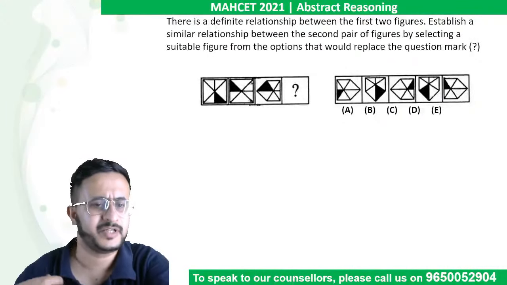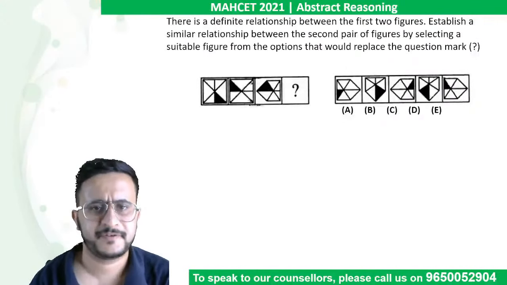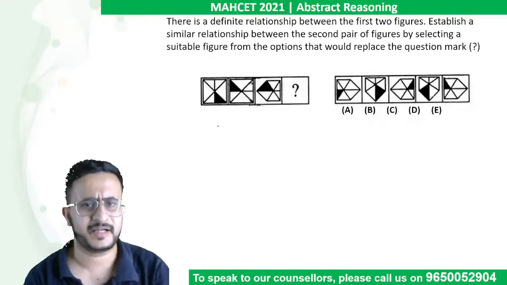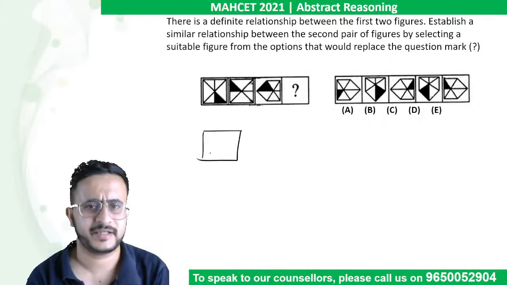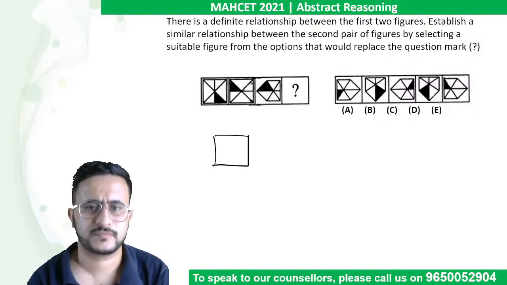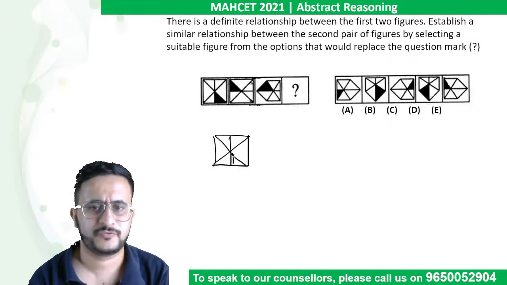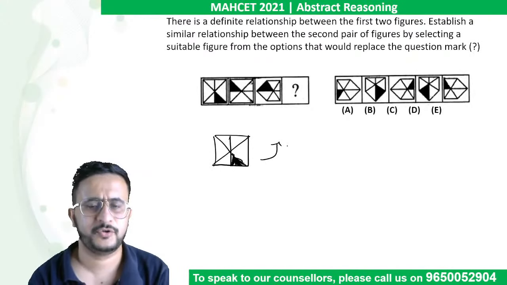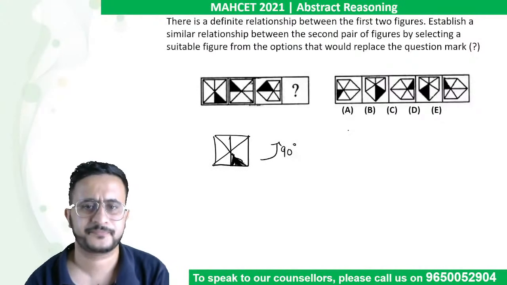So let's look at what is happening in these cases. See, first of all, this is something that has to be rotated by 90 degree, right? First of all, you rotate it by 90 degree in this direction, right? When you rotate by 90 degree, what will happen?